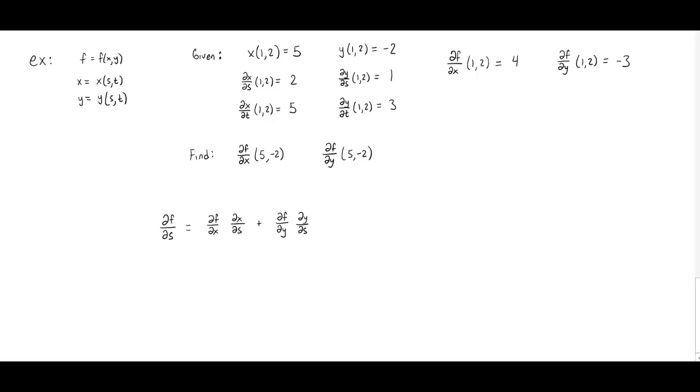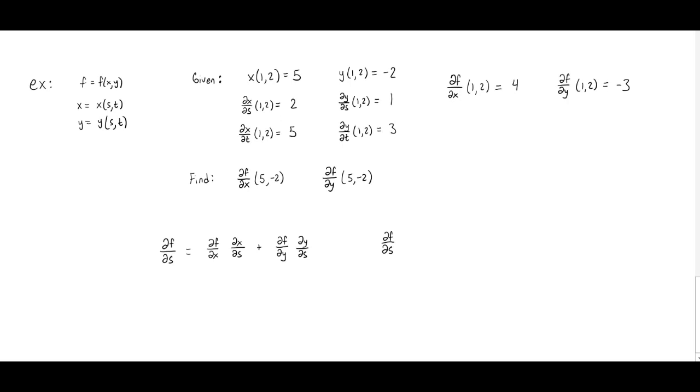So let's say I look at this expression right now, and I want to evaluate it at this point. I'll note one thing up here. What I want to emphasize is when I write down x of 1, 2 equals 5, since x was a function of s and t, these are values for s and t, right?